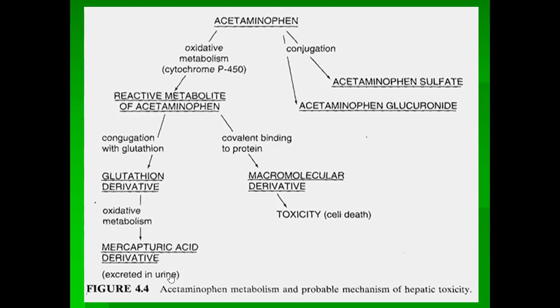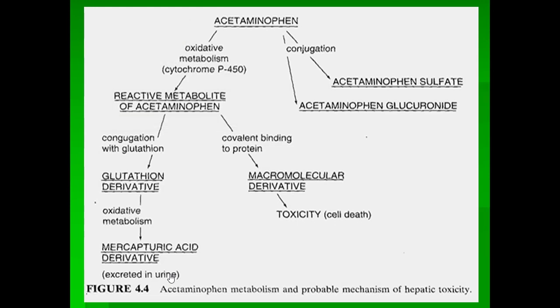Now let's look at another example. Here we have Tylenol, acetaminophen. This is extremely toxic, particularly in cats, because they lack the main pathway of elimination, which is conjugation with glucuronide. So we could say that the detoxification pathways are those that bind the intact acetaminophen to either sulfate or glucuronide. Now, if it goes through the other pathway, the oxidative pathway, it gets converted to very toxic reactive metabolites that are going to kill the cells.